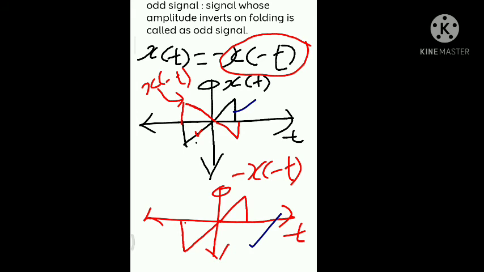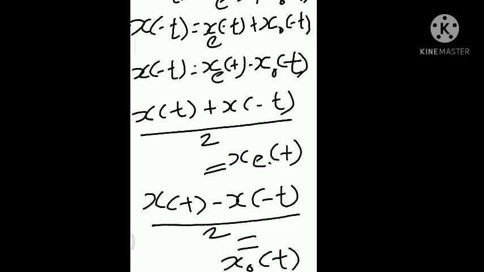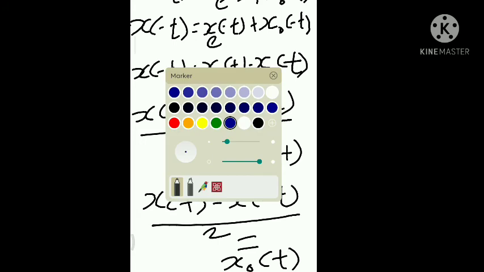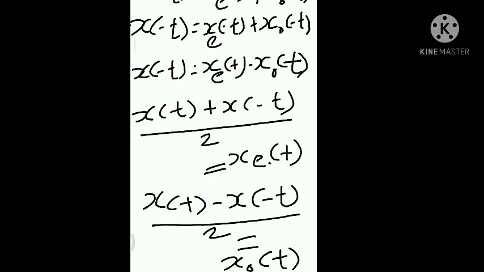Next, let us see a very important topic that is asked in university theory exams: how to find out the even part and odd part of any signal. Any general signal which is neither even nor odd can be expressed like this. x(t) is expressed as x_e(t), that means the even part of x(t), plus x_o(t), that means the odd part of x(t).